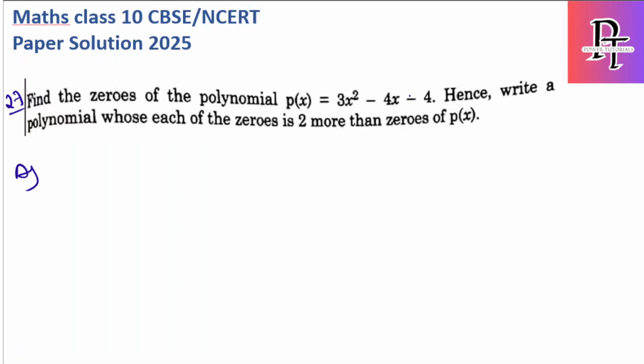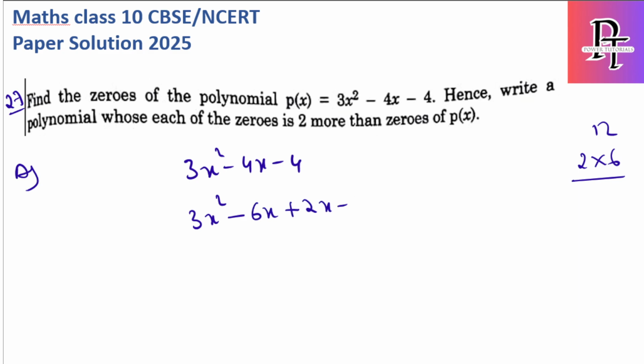Find the zeros of the polynomial and hence the polynomial whose each of the zeros is 2 more than the zeros of p of x. Okay, so it is 3x square minus 4x minus 4. 3 into 4 is 12, factors of 12: 2 and 6. So this is enough because we want minus 4 here. So it is 3x square minus 6x plus 2x minus 4.